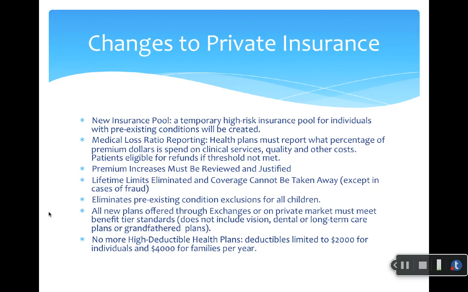So it used to be the case in the private health insurance market that when you would apply for private, individual, non-group, non-employer-based insurance, what would happen is that you would have to fill out a health questionnaire. You would have to disclose all the conditions and all the treatments that you'd ever received.